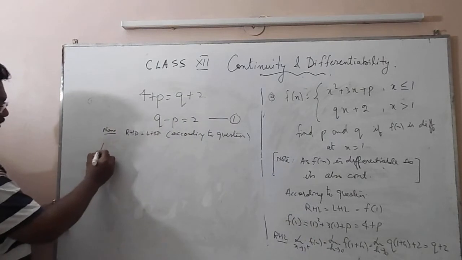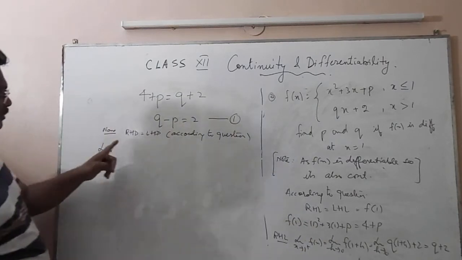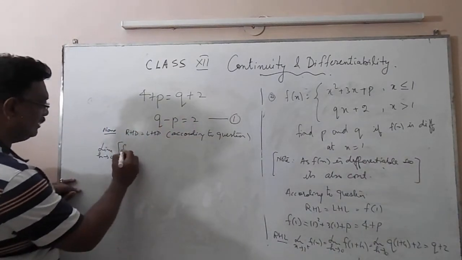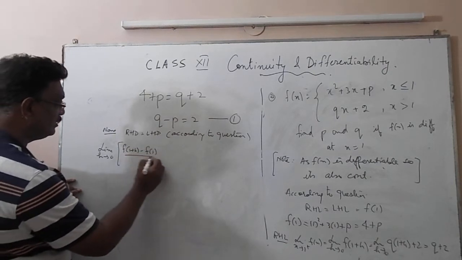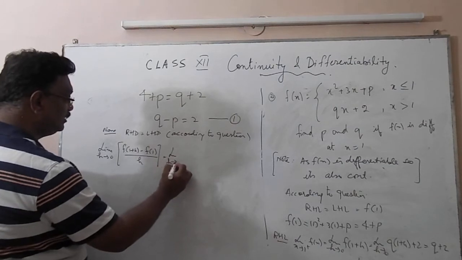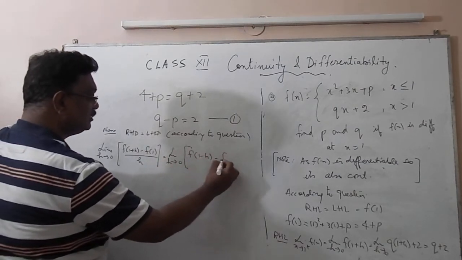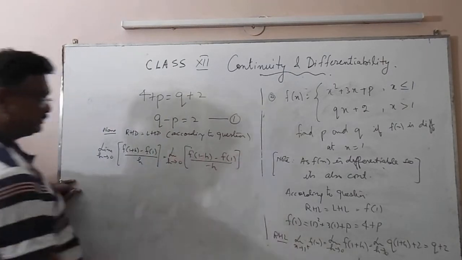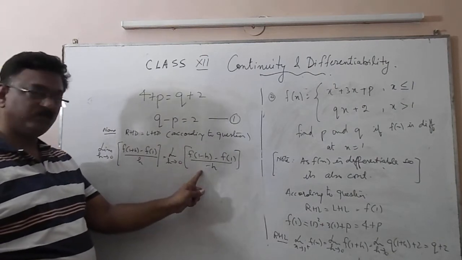So we apply limit h tending to 0 of (f(1 plus h) minus f(1)) upon h is equal to limit h tending to 0 of (f(1 minus h) minus f(1)) upon minus h. This is the formula of right hand derivative. This is the formula of left hand derivative.